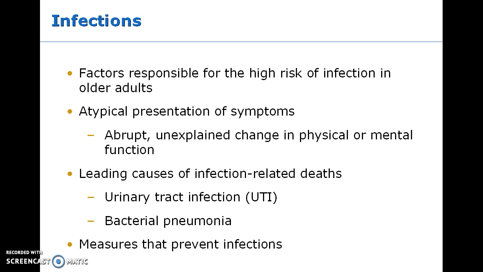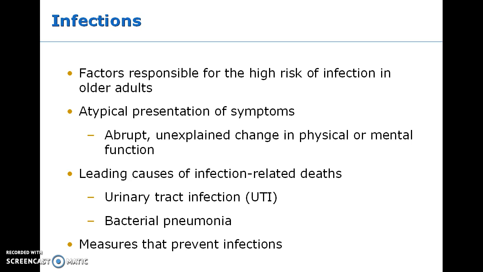Did you know all of that? Patients with diabetes may experience a loss of glycemic control. So, diagnosis can be confirmed by laboratory tests. Also know that bacterial pneumonia is the leading cause of infection related to death in older adults.